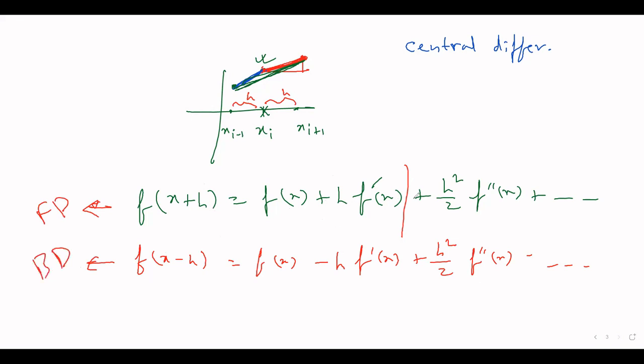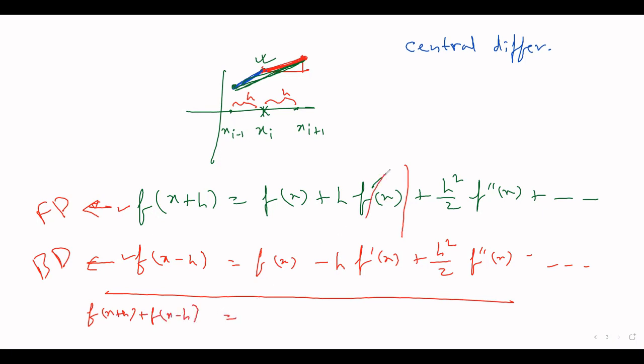Now, what you can do is add these two equations. If you add these two equations, you get this guy plus this guy here. Okay, let me write it. f of x plus h plus f of x minus h. And these two get cancelled, so we have 2f of x. But these two get added up, right?